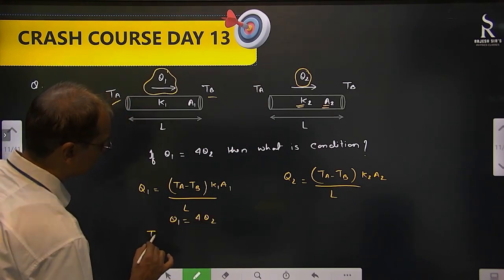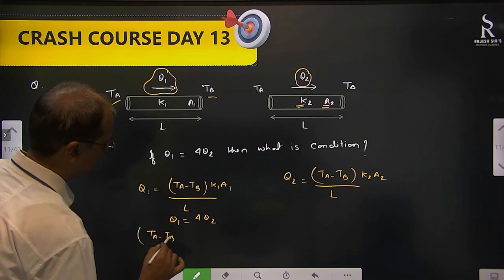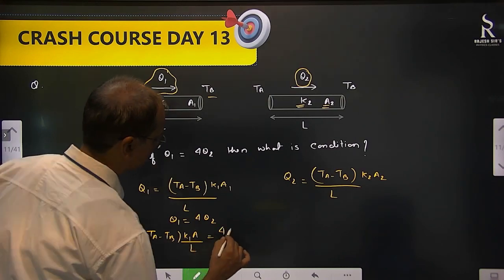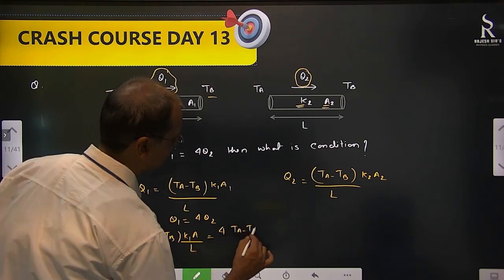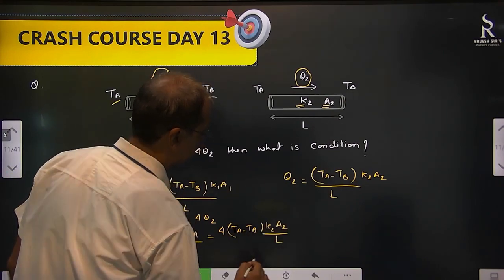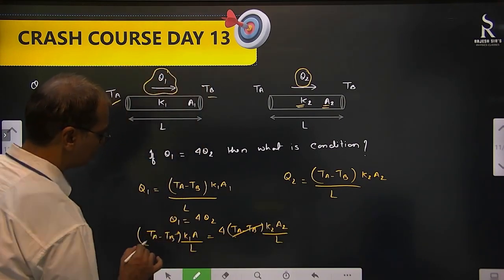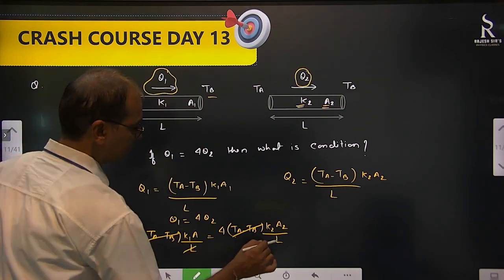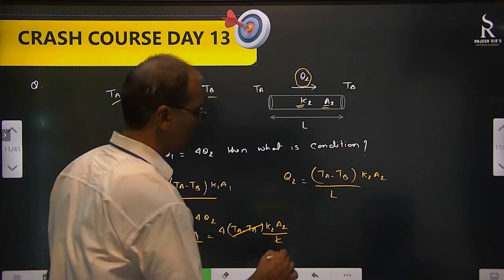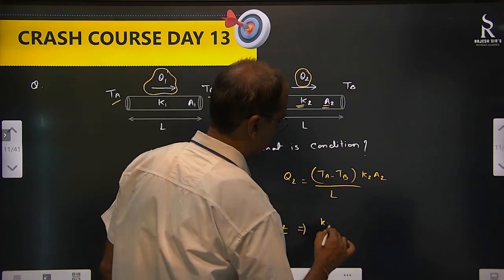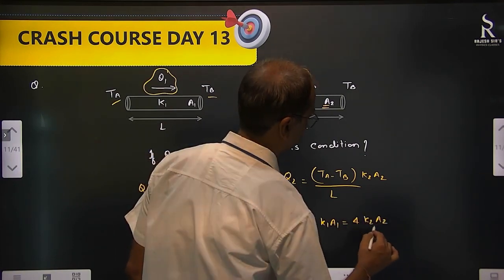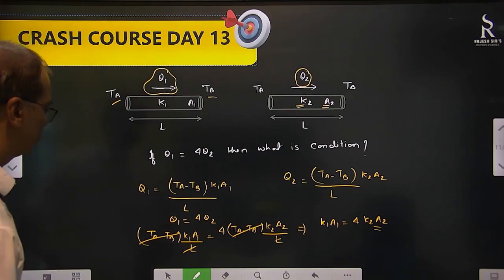So TA minus TB into K1A1 by L equal to 4 into TA minus TB into K2A2 by L. So TA minus TB is cancelled first. L is cancelled. That's it. K1A1 equal to 4 times K2A2. That is the condition.